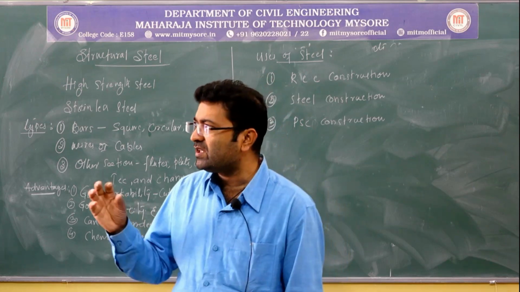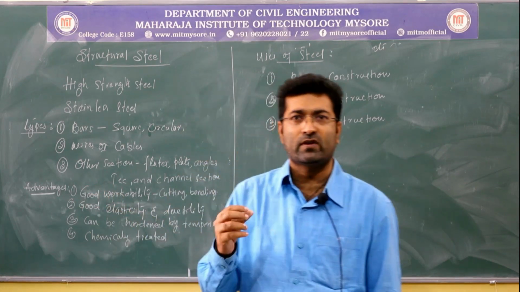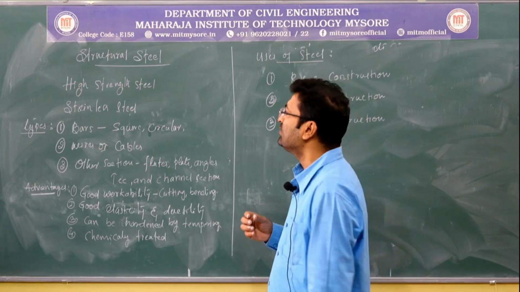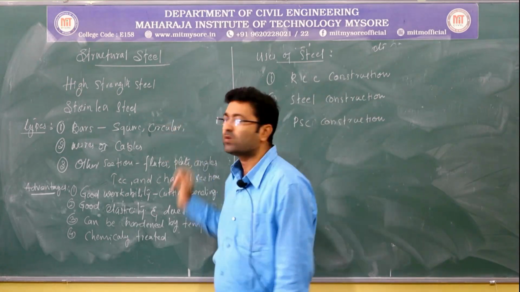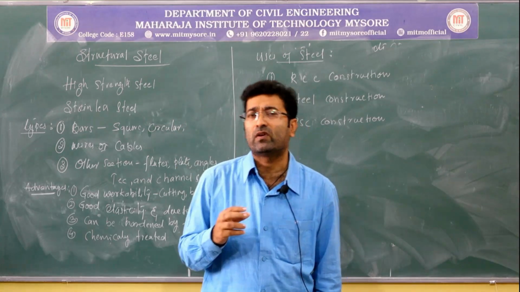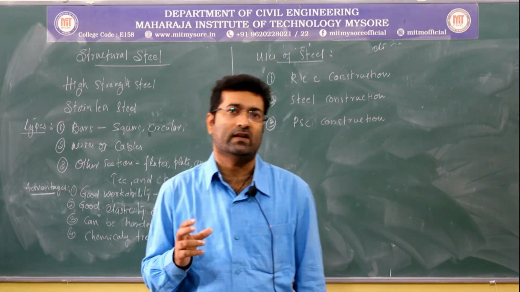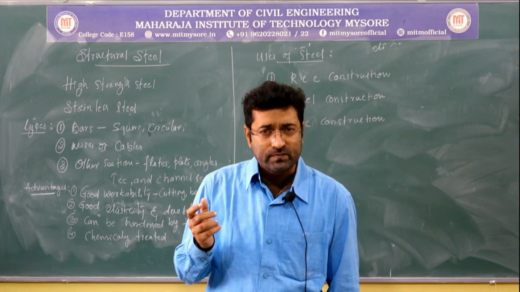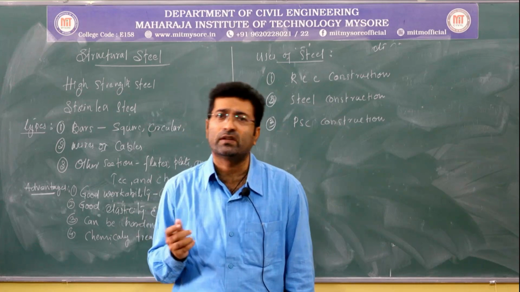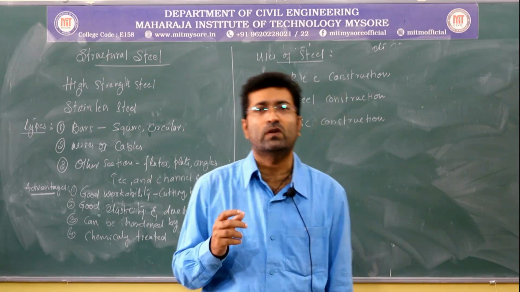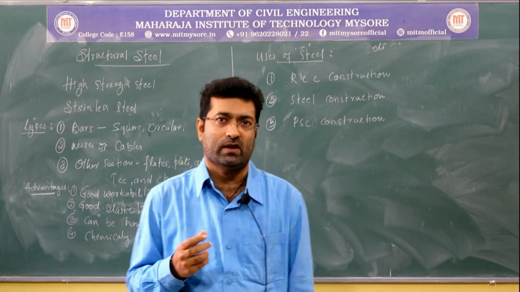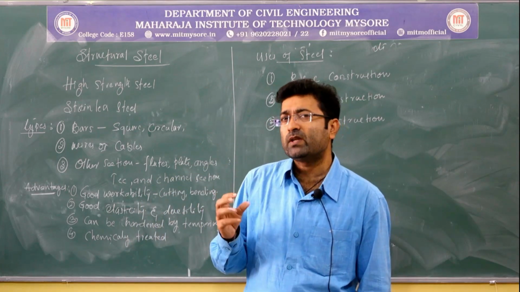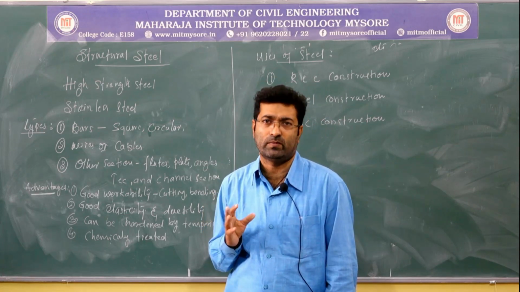We use these square bars for interior or decorative items, whereas the circular bars we use majority of the times for the reinforcing purpose in the concrete, either in RCC or in PSC. The circular bars available in the market, we use majority of the time for the reinforcing purpose.